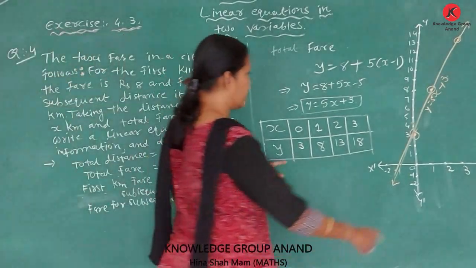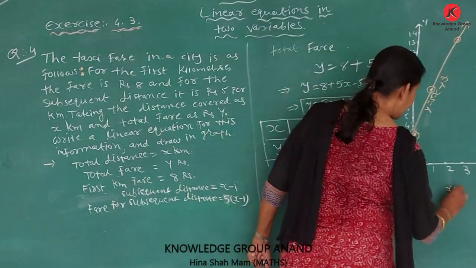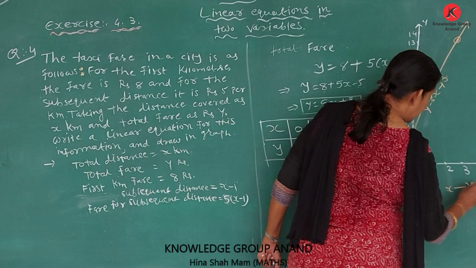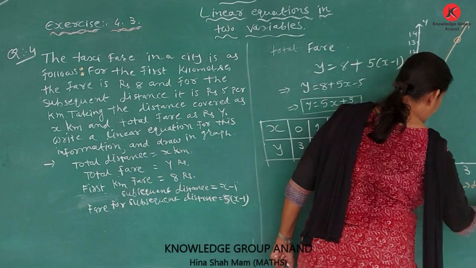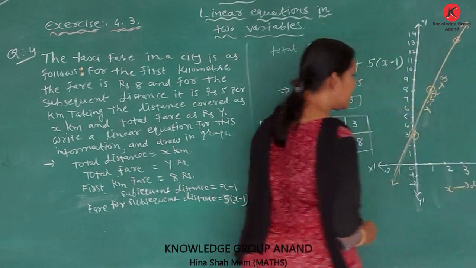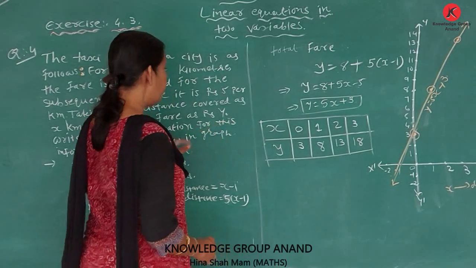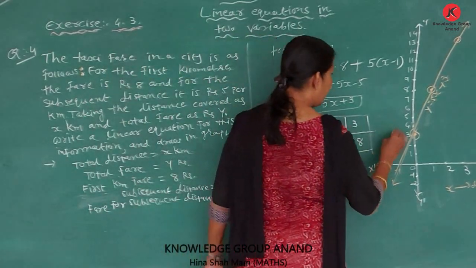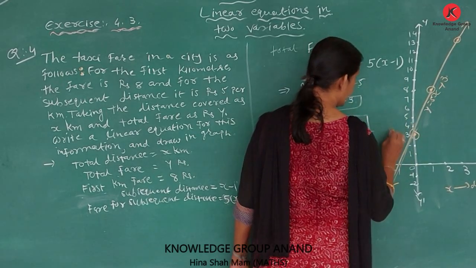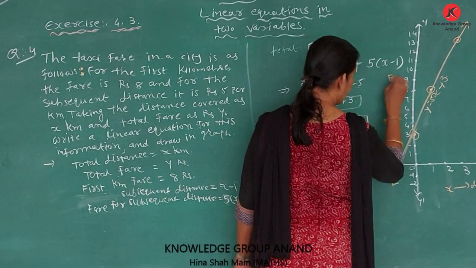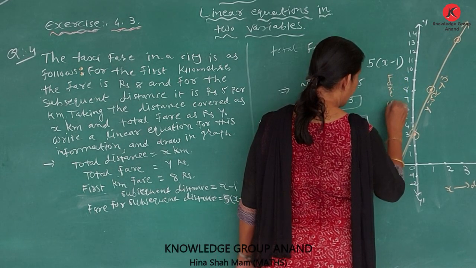What is denoted on the x-axis? It denotes distance in kilometers. And what is denoted on the y-axis? The y-axis denotes fare in rupees.